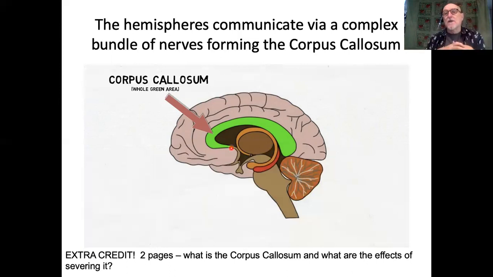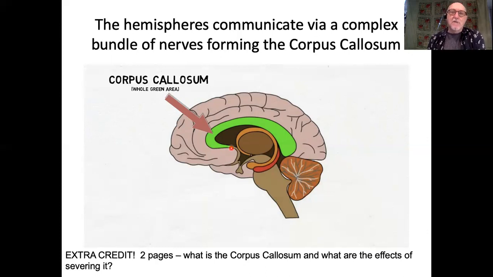There are some conditions where parts of the corpus callosum can be severed to stop that communication. The one condition where this is done is in epilepsy which cannot be stopped, epilepsy which has become so constant that it is actually a danger to life.